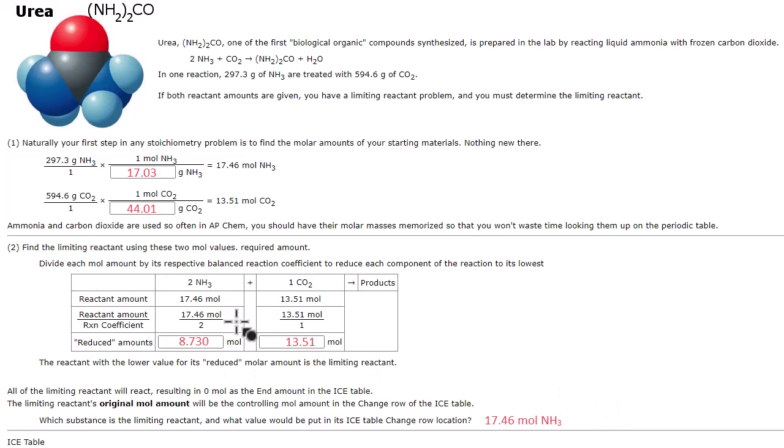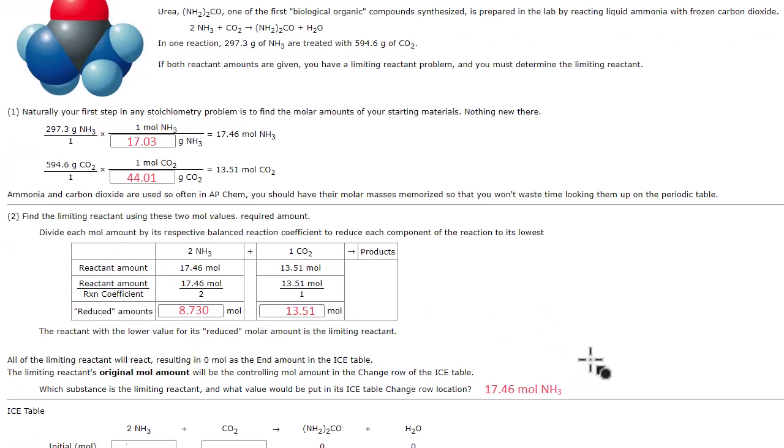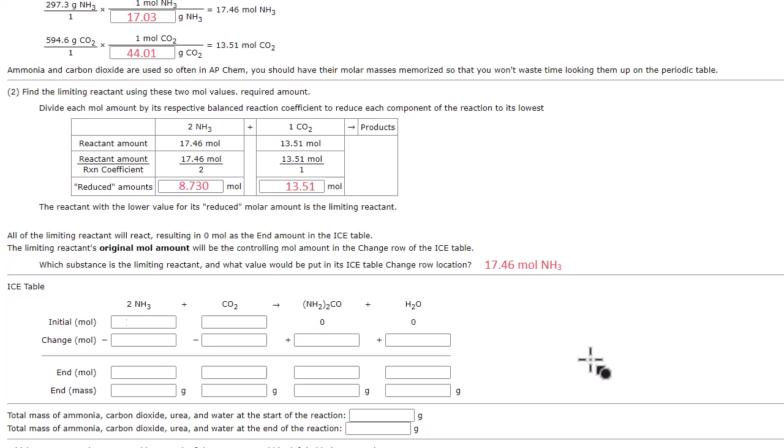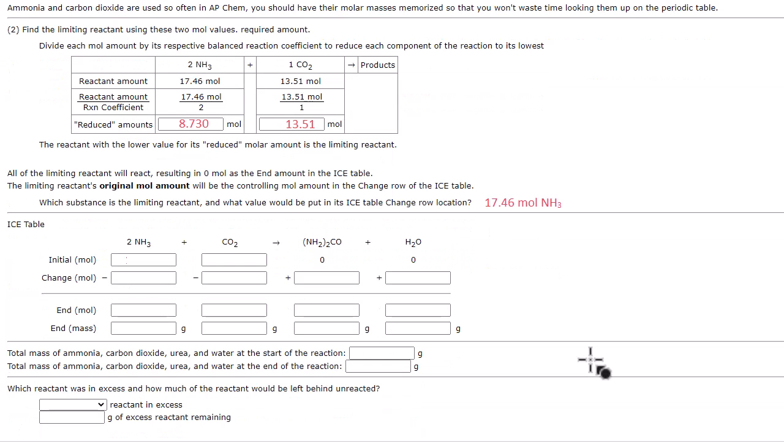Now, you've done this reduction, but you only use this to find the limiting reactant. The important thing is say our limiting reactant is ammonia, and when we do our calculations for the stoichiometry here, we're going to use the original amounts. Forget these amounts. When you do your ice chart, initial, change, end, later on this will be equilibrium when we get more complicated. You use the amounts before you divide it by the coefficient.